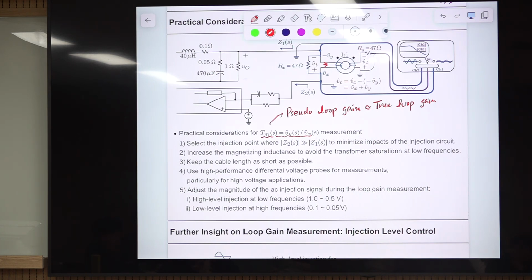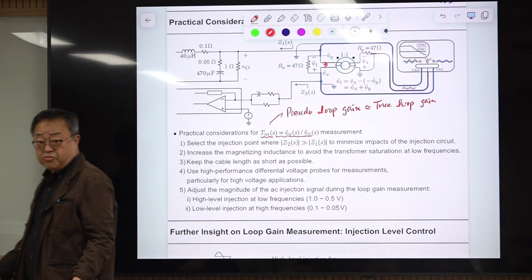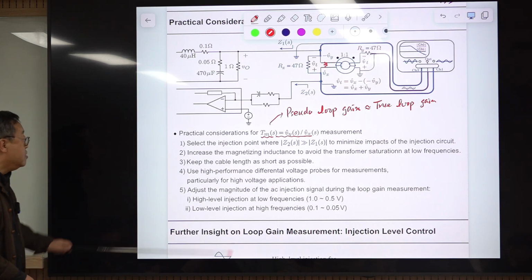Or you can use a small core with special magnetic material having high permeability. That might be okay. The vendors provide such small transformers. They sometimes charge 500 watts, something like that. You don't need that just to build this transformer.